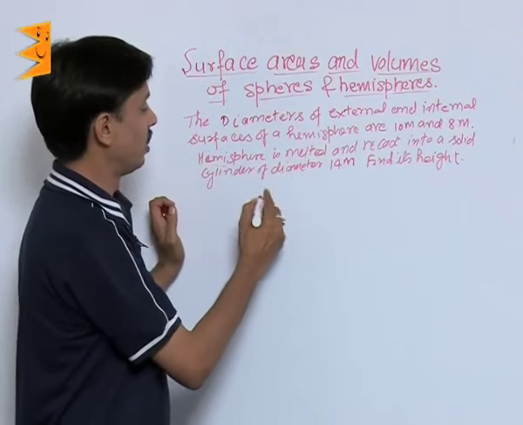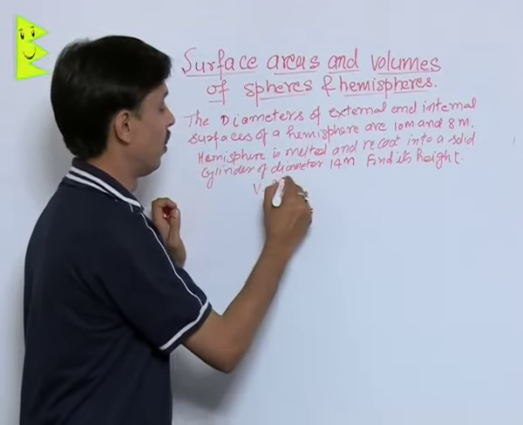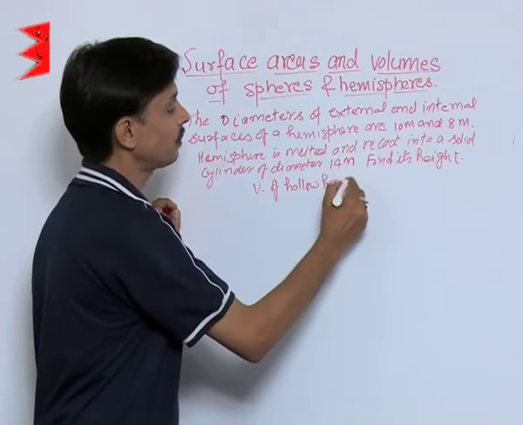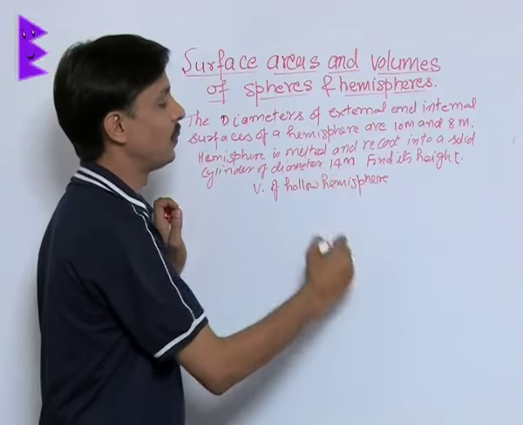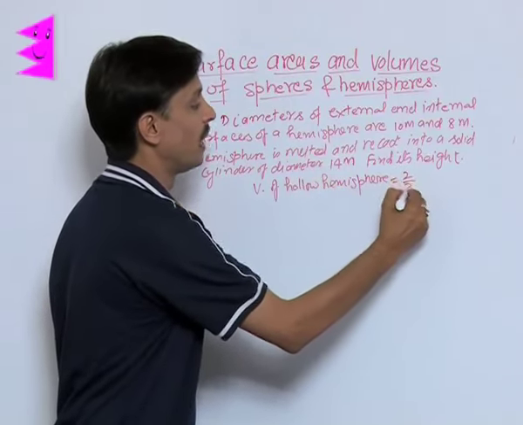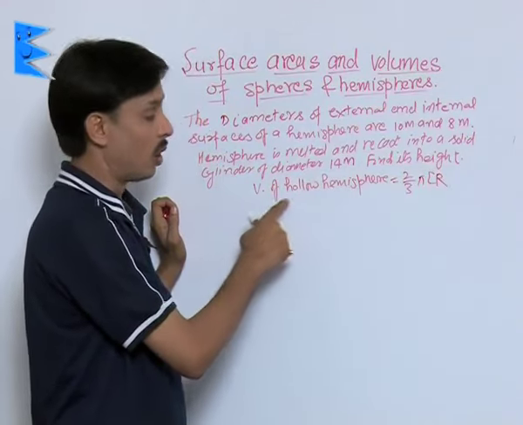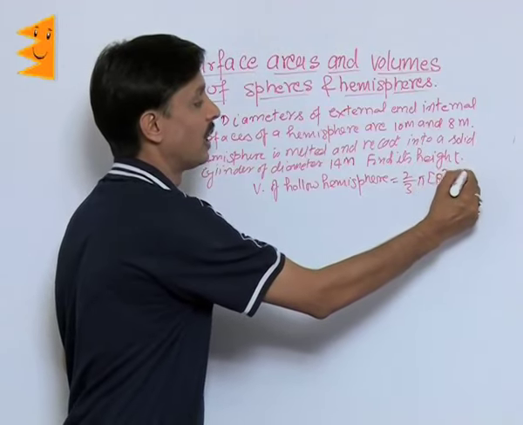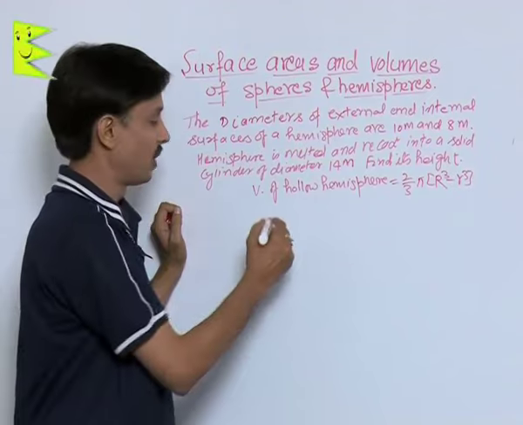I can do one thing. We know that the volume of the hollow hemisphere is 2 by 3 pi (capital R cube minus small r cube).